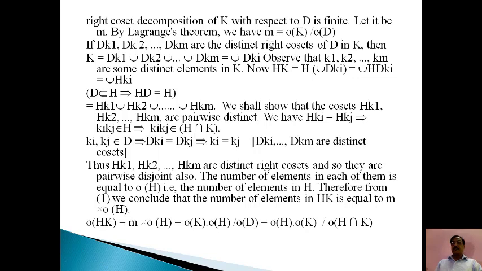So we have seen that the order of HK is the order of H times the order of K divided by the order of H intersection K. Thank you.